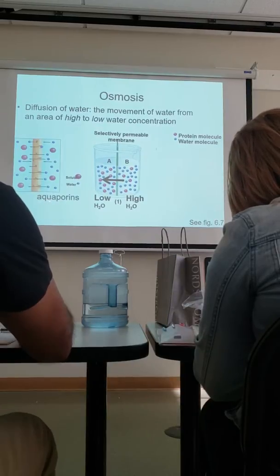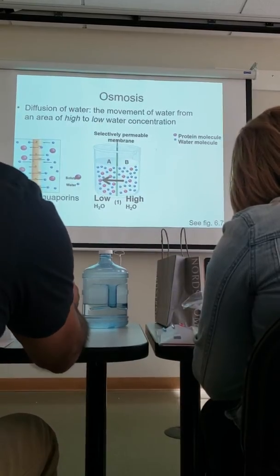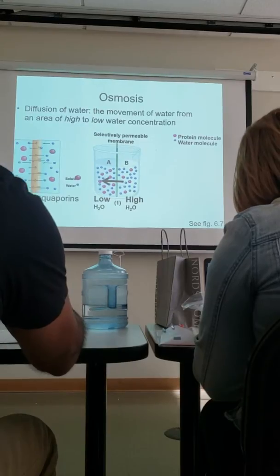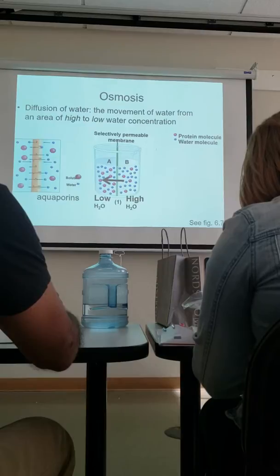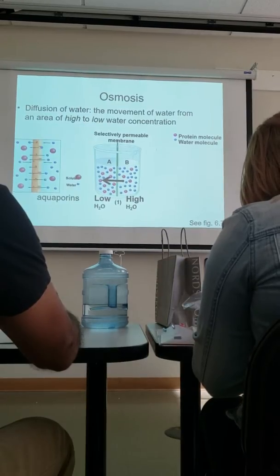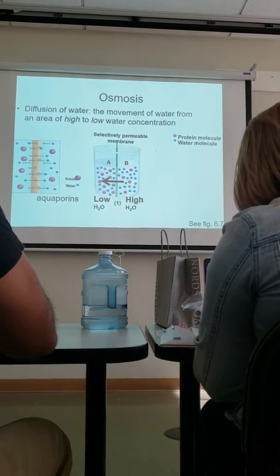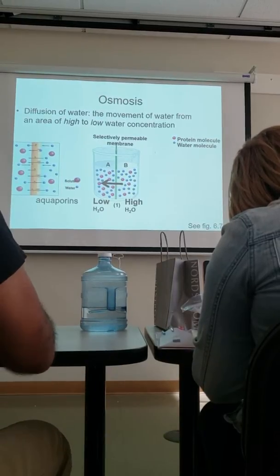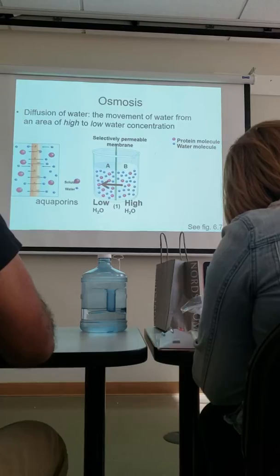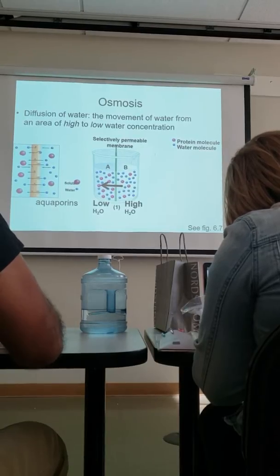And fortunately, this is named pretty appropriately because what does aqua mean? That just means water, and a pore is a hole. So aquaporin is just a hole for the water. So we'll see that later on as we move throughout the entire body. There's a lot of special aquaporins that we can transfer water through.